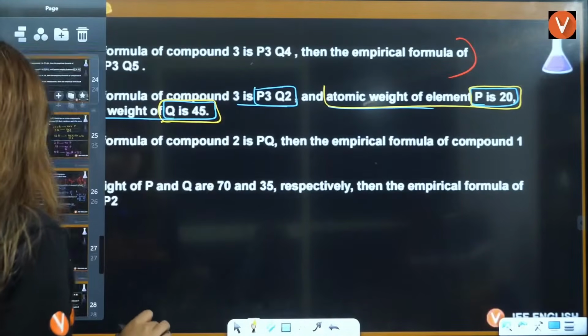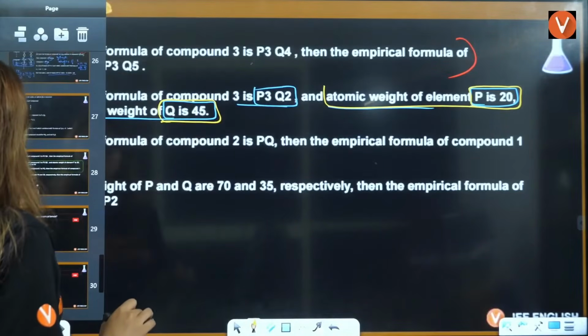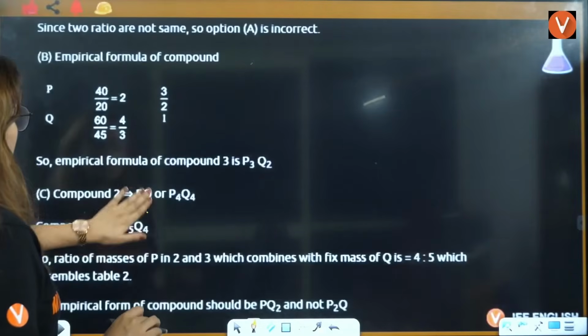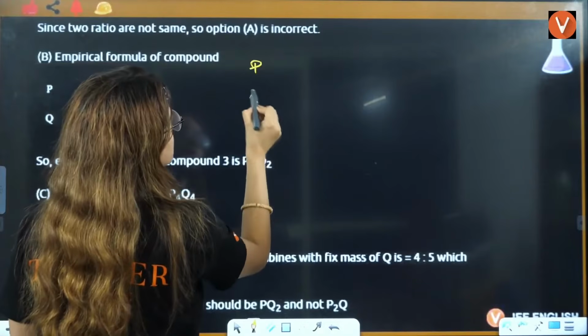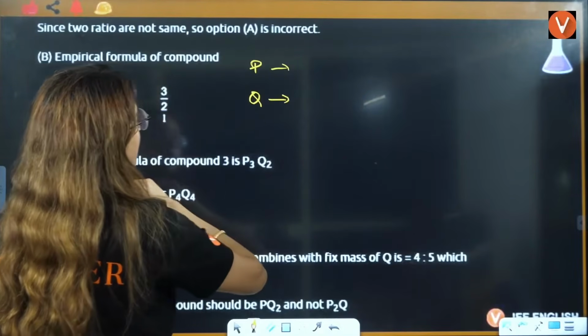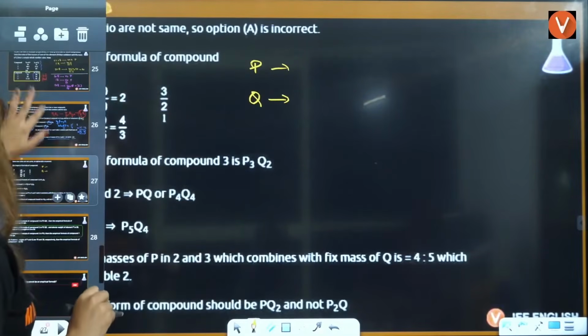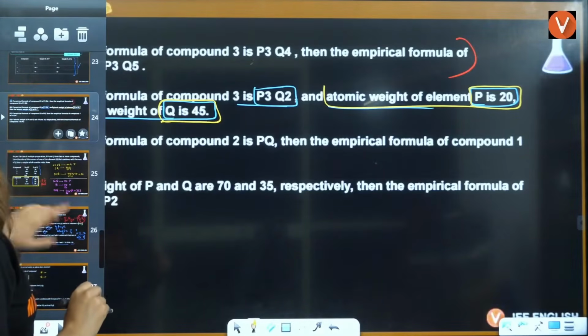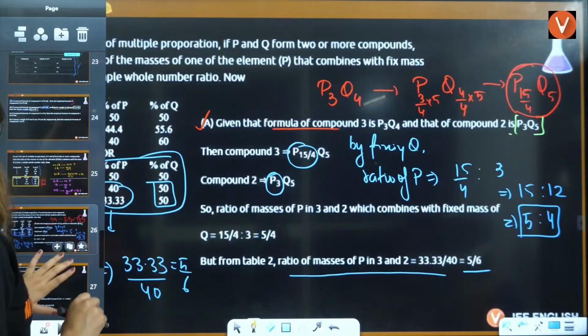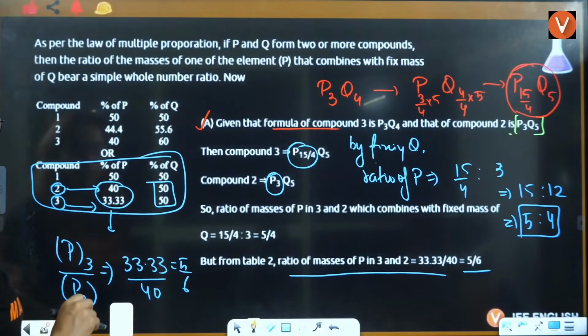Okay, so let's put this here. See, this is B. How you will solve this? This is P, this is Q, right? Now they are saying that this is in compound which? This is in compound 3, right? P is 20, Q is 45. P is 20, compound 3.